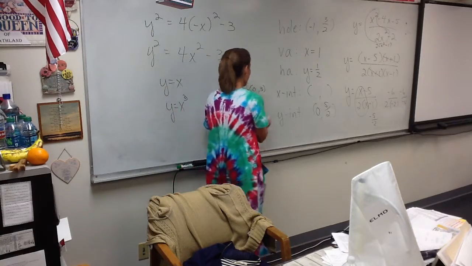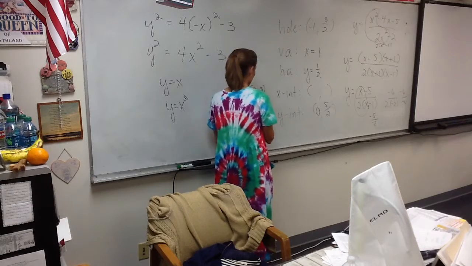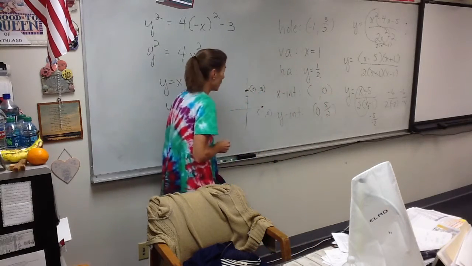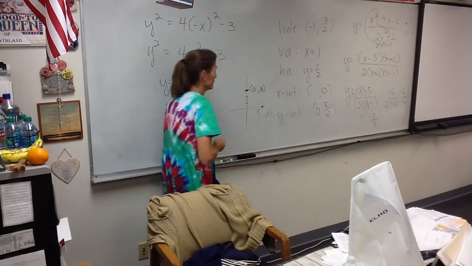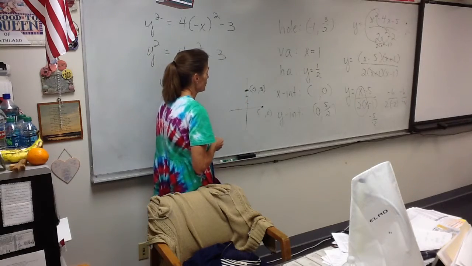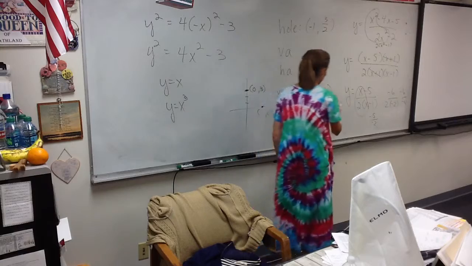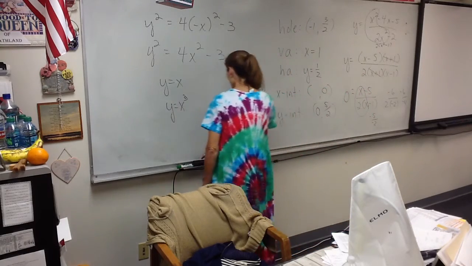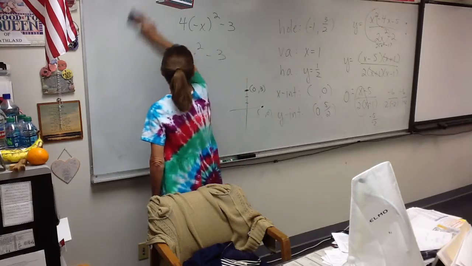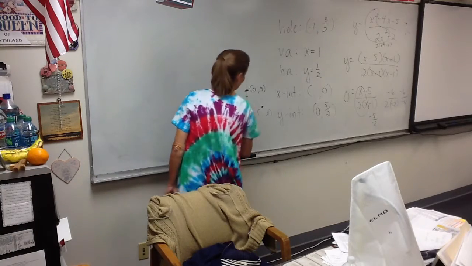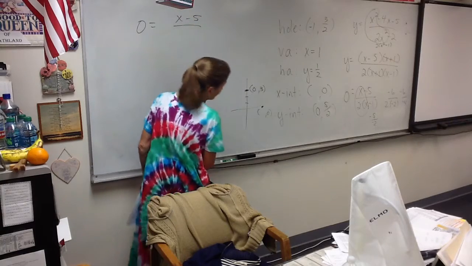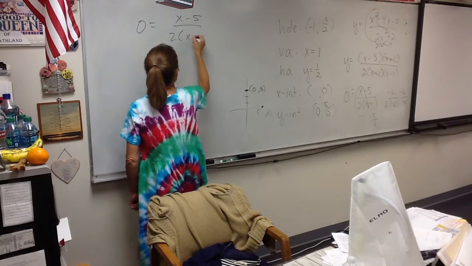Now, how about my x-intercept? Well, clearly my y is going to be 0, right? If I'm on the x-axis. So I'm going to let y be 0. So I'm solving the equation 0 equals x minus 5 over 2 times x minus 1.